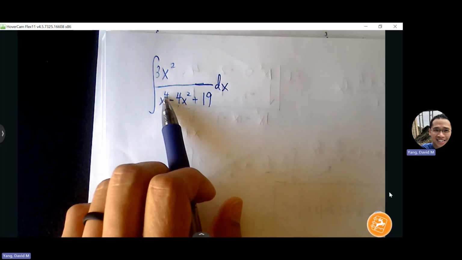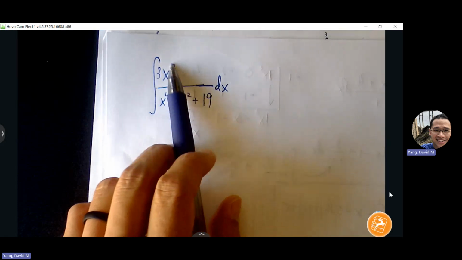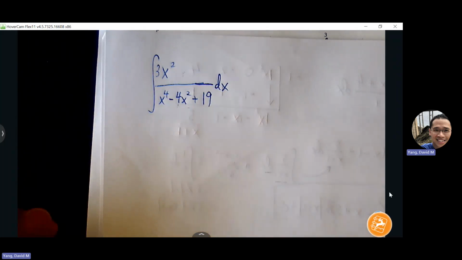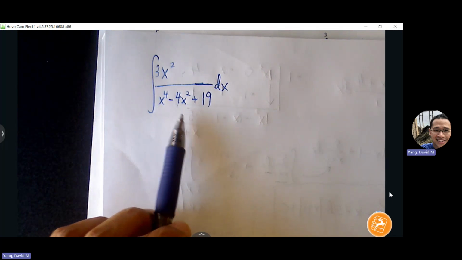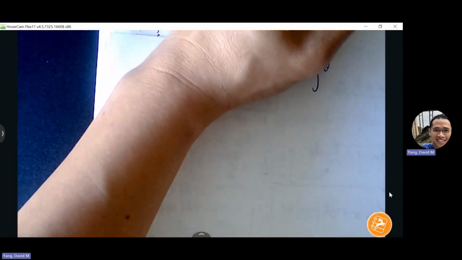Our trig, right? You see there's a nice relationship here with the denominator being a higher degree. So we know that we can work with arc trig. So we know it's going to be arctangent, and we do have to get that denominator cleaned up because we do eventually want it to look like this.